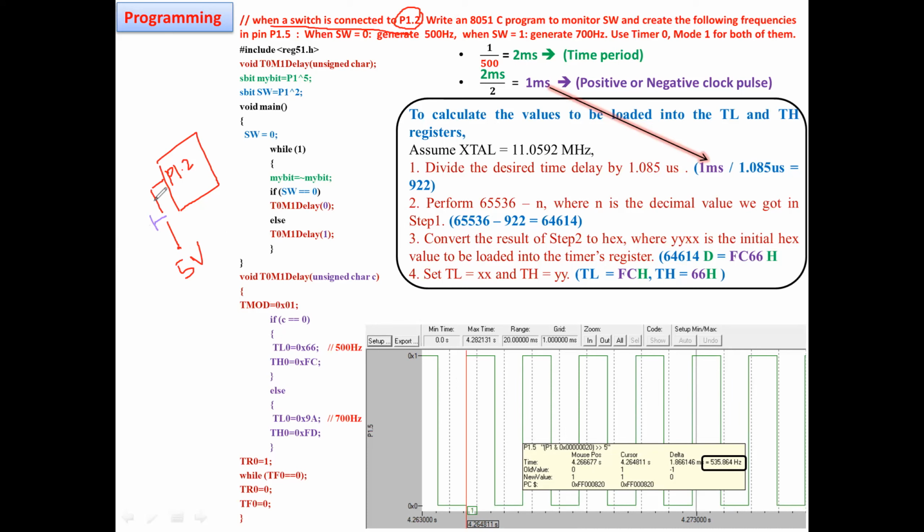I'm going to monitor this particular switch and create the following frequency. That is, when the switch is zero, that is the off state, what is the frequency?